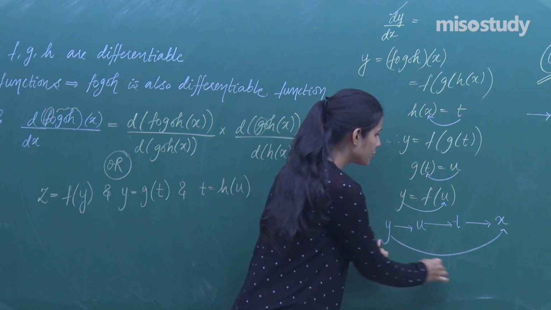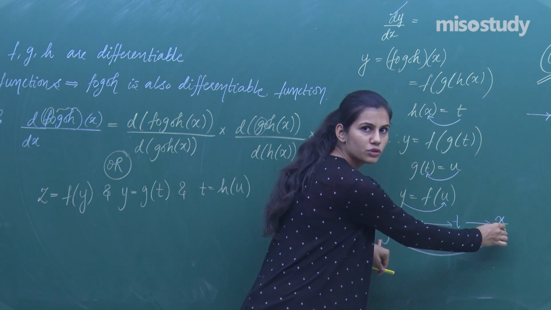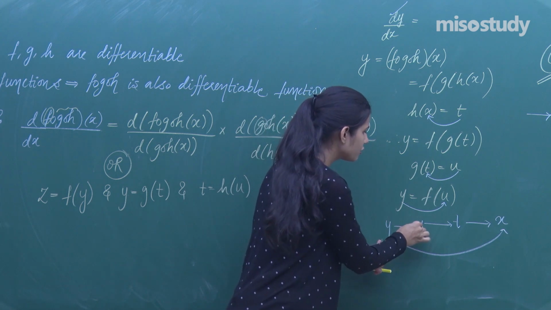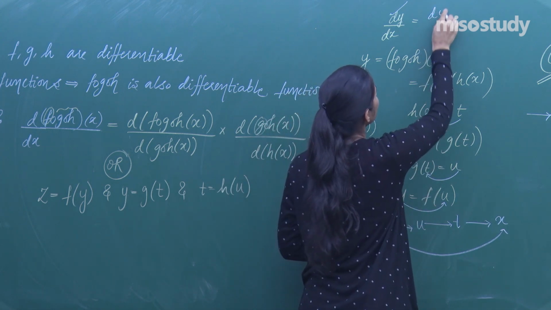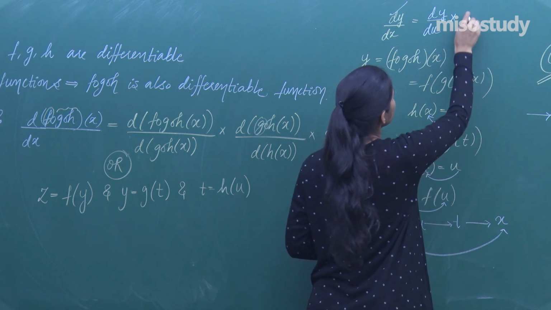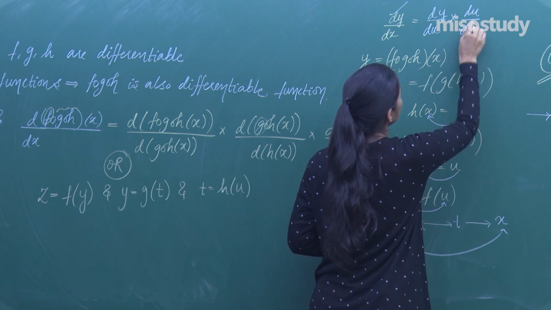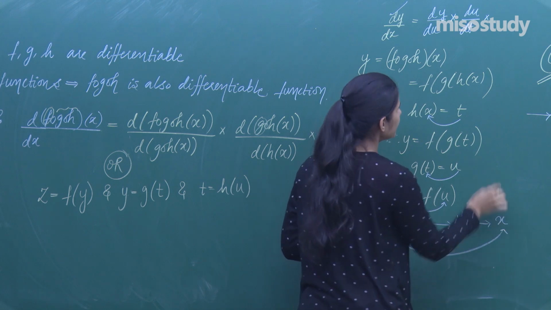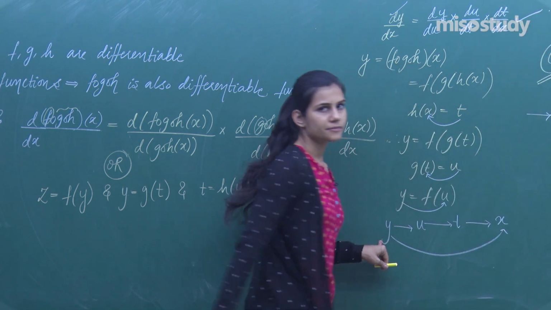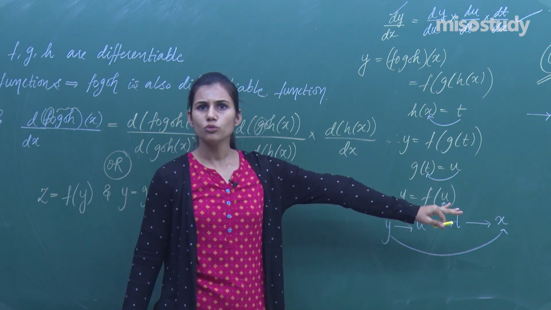What would you do? The thing that you did in the case of 2. Derivative of y with respect to u, multiplied by derivative of u with respect to t, multiplied by derivative of t with respect to x. That's why it's called a chain rule.